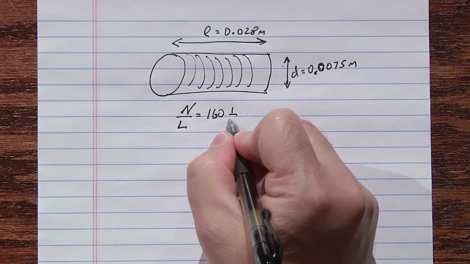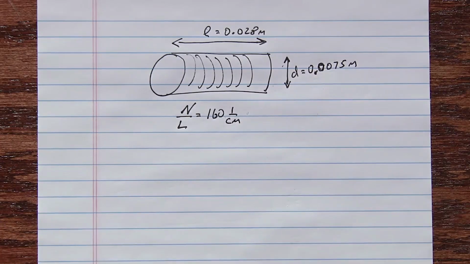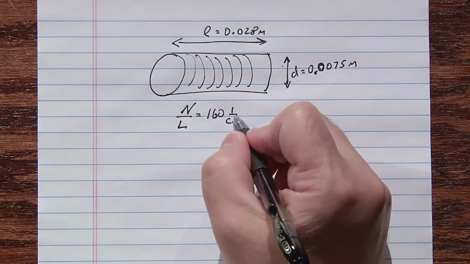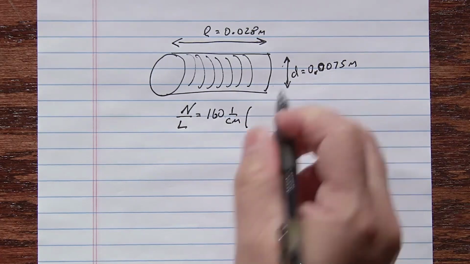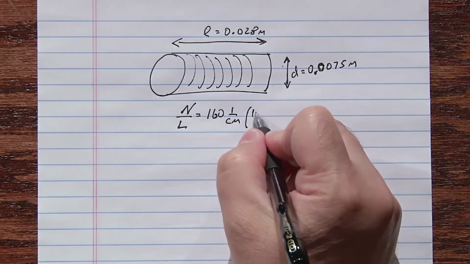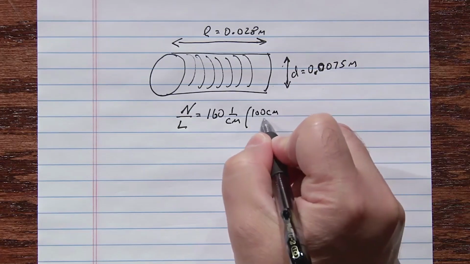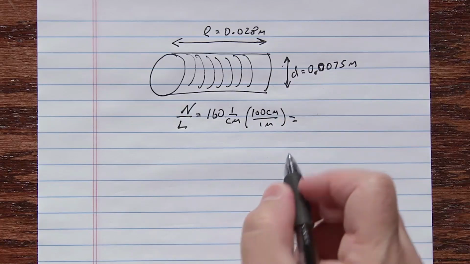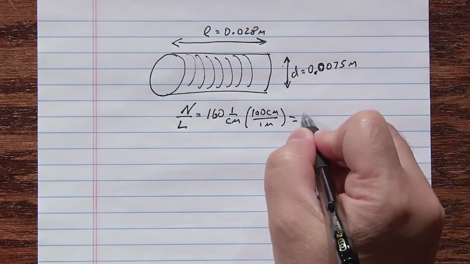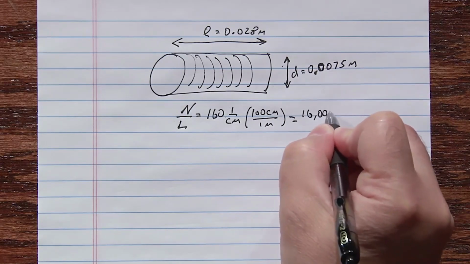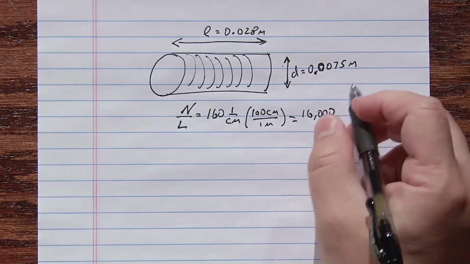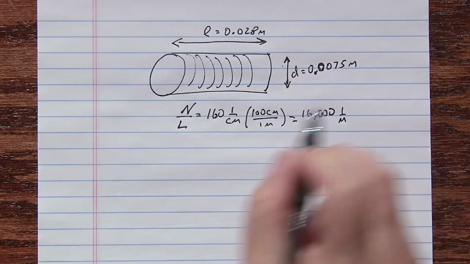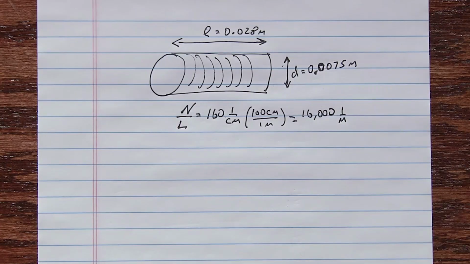And I'm going to change that to meters by multiplying by 100 centimeters in 1 meter. And so that would be 16,000 per meter. So 16,000 wraps per meter.